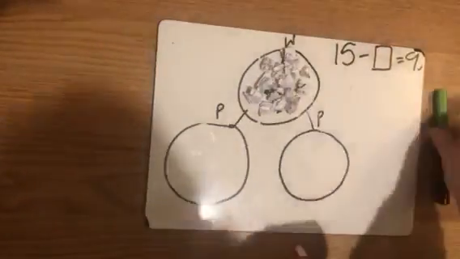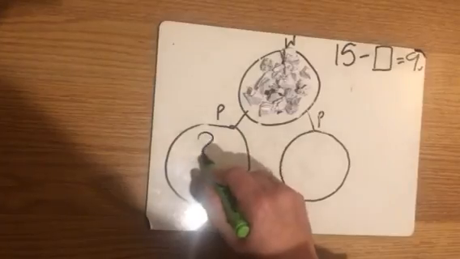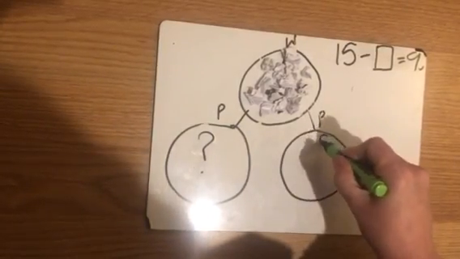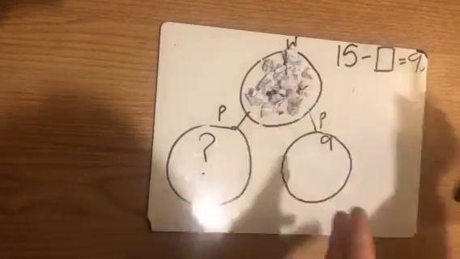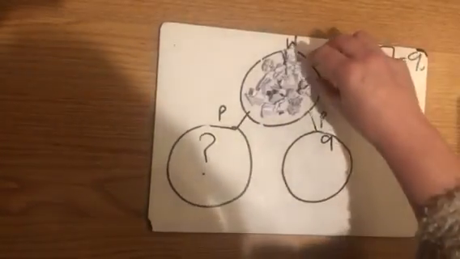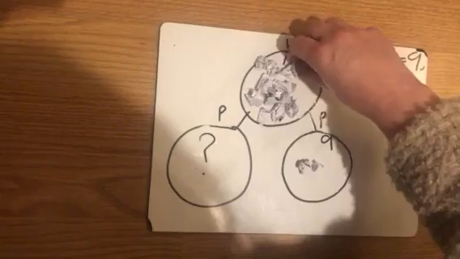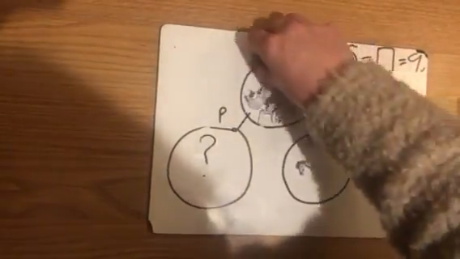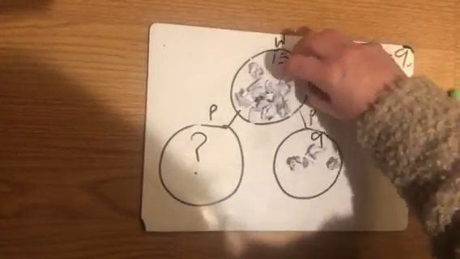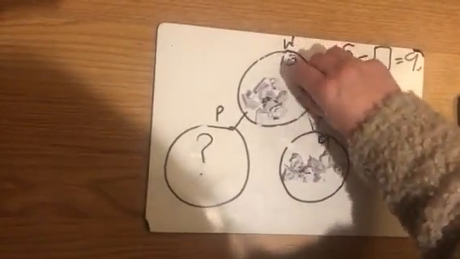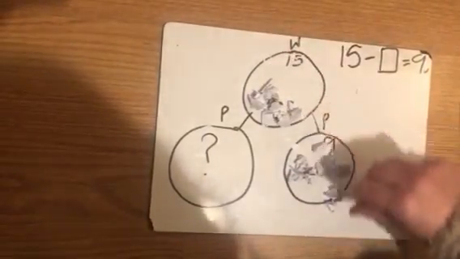Right, so we don't know again what this part is. That's our missing number part, but we know that this is number 9. We know that this side is number 9. So we're going to move 9 over to here. 1, 2, 3, 4, 5, 6, 7, 8, 9.